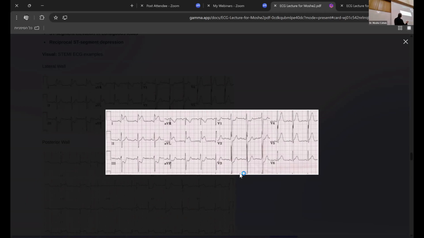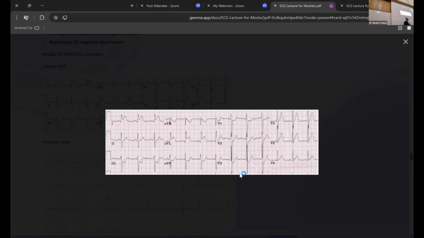Let's look at the segments and intervals. One of the very clear things that we can see here with the ST segment is ST elevation. You see the first lead ST elevation, AVL ST elevation, V5, V6 ST elevation.